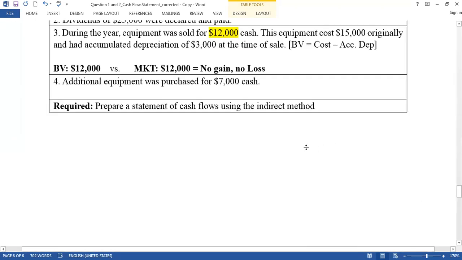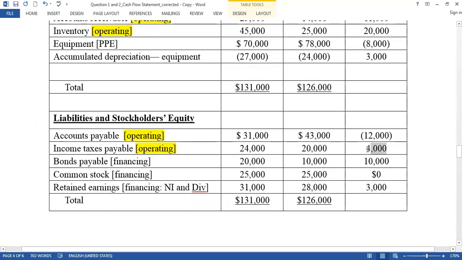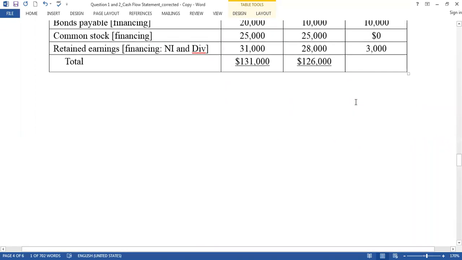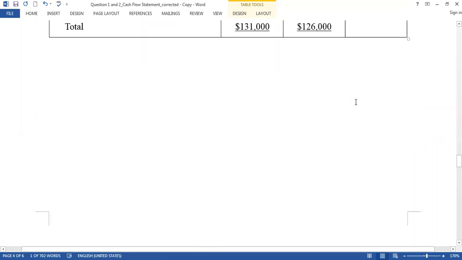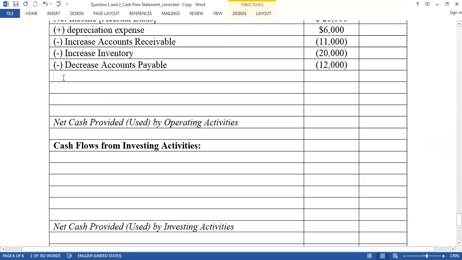Now we have another current liability. Income tax payable is our liability, right? Now liability increase, what is the meaning? Liability increase means you are holding this money and have not yet paid it to others. So this money is with you at this moment, so it is plus.